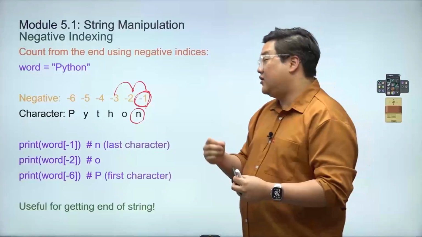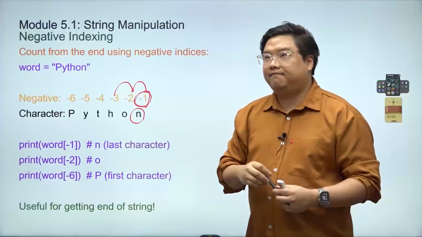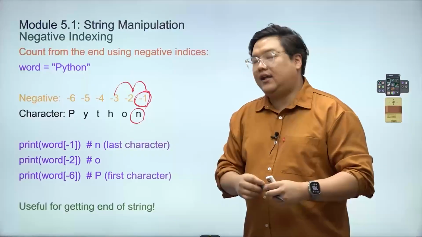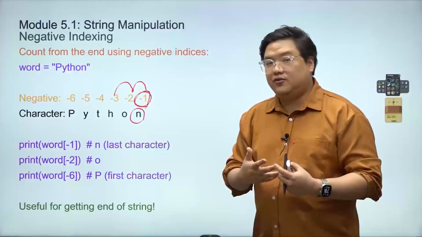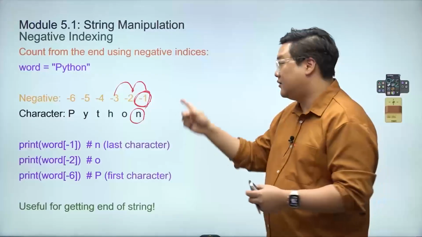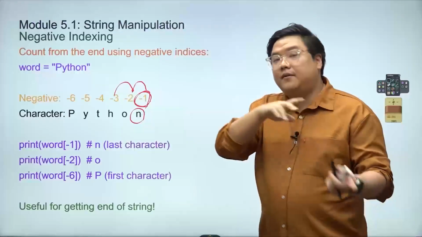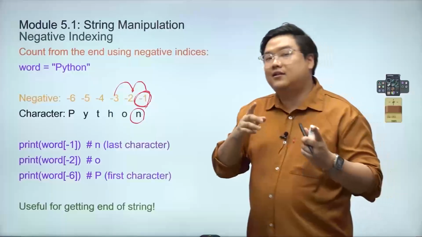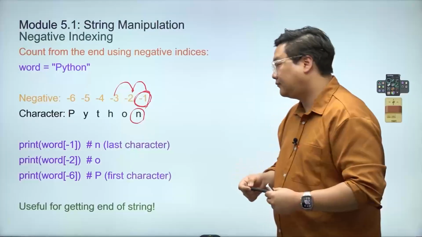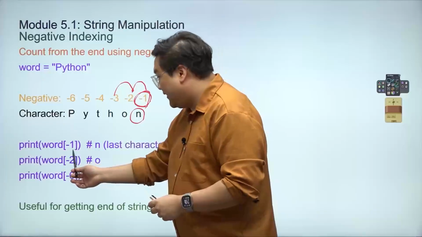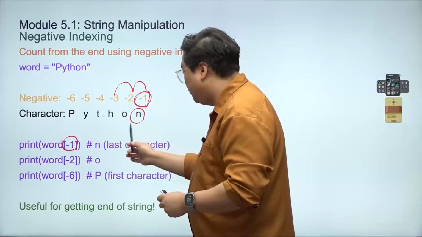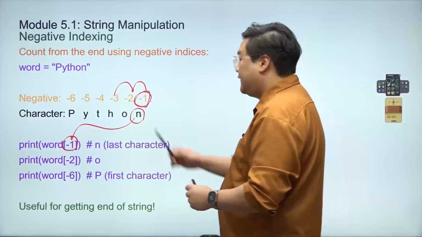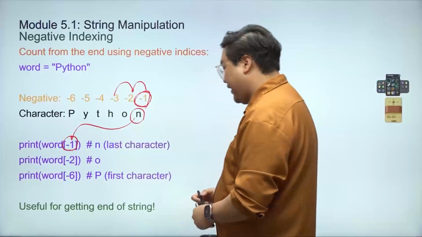As beginners, it's going to be a little confusing. When we use a negative index, we will not use 0. It starts at -1. But when we start from the front, it's zero-based indexing, so we start from 0. So print(word[-1]) will bring the last letter in a string. Likewise -2, -6.